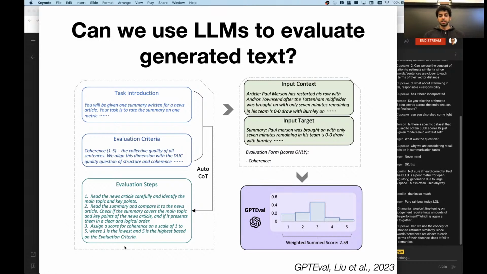So you can see they actually have a distribution over these different scores. The language model assigned 20% probability to 1, maybe 40% probability to 3, and so on. And they then just take the weighted average of these scores. So you get about a 2.59 average score of coherence when you use a language model in this way.